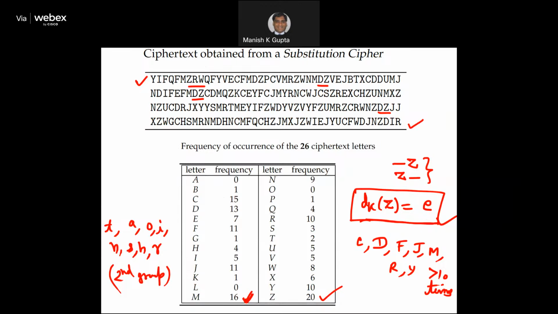Now, if you remember, in the statistical properties table of English, E was the top one, group 1, and the second group had T, A, O, I, N, S, H, R. So this group should match to this group. I don't know which one maps to what, but at least I'm able to identify that because these occur more than 10 times, they should correspond to the second group. Group-wise, we are able to match.